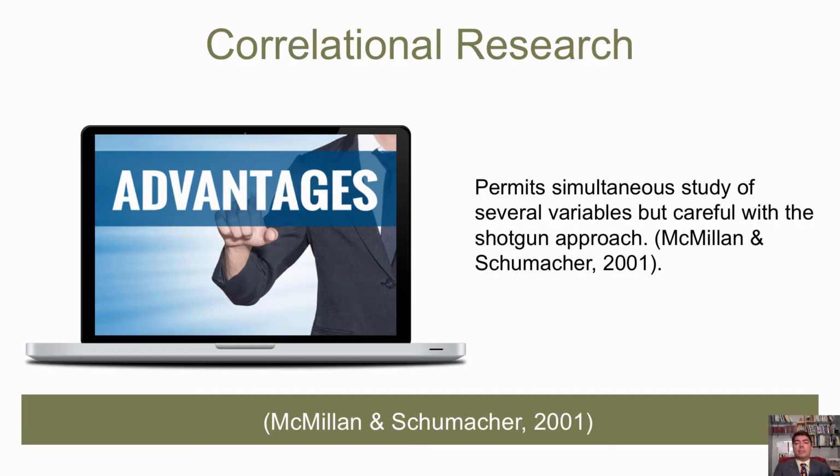One of the advantages of this research is that it permits simultaneous study of several variables, but the researcher must be careful not to do a shotgun approach. This approach means an inappropriate use of adding many variables in hope that some of the variables will indicate a relationship.